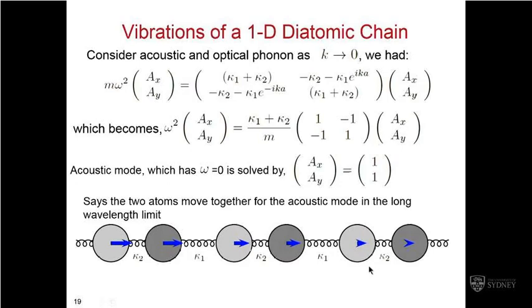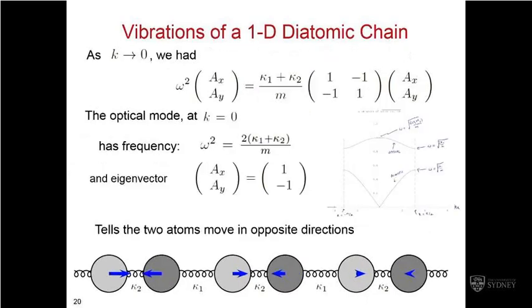When we do the expression for the optical mode, remember the optical mode is up here, and the corresponding equation just from before is up here. If we consider at this point here k equals to 0, what we can find is that the eigenvectors that solve this expression here are then opposite.